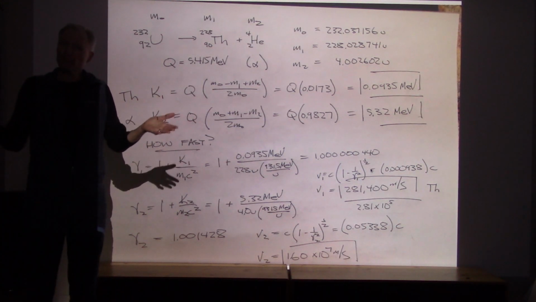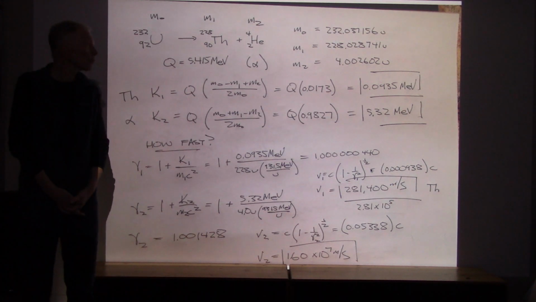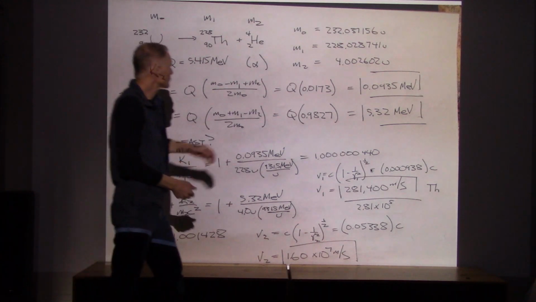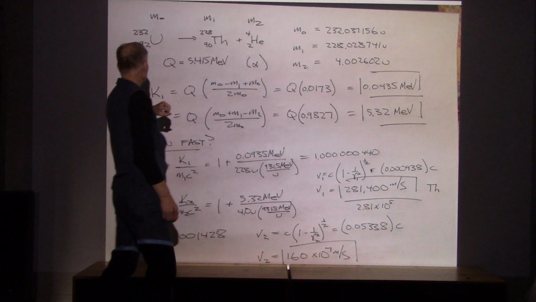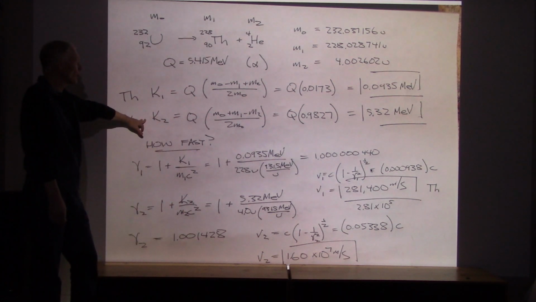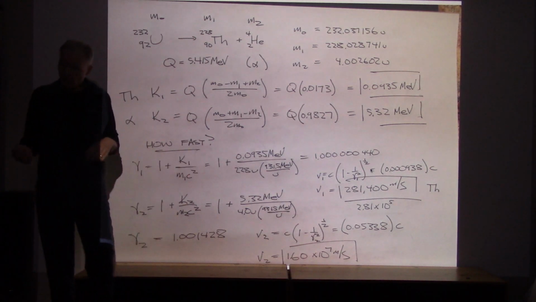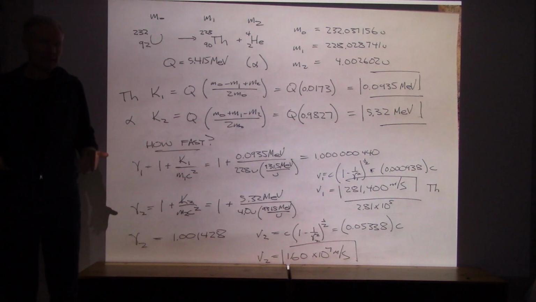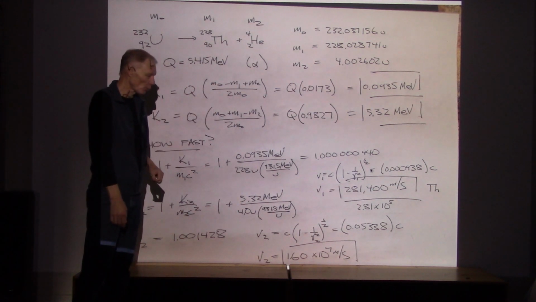How does the Q get divided up into kinetic energies for each of those 2 particles? So those add up to 1. That's a good sign. So we've accounted for all of the Q. And it's saying that because the alpha particle is lighter, you can see that from the formula here, it's going to be the lighter particle that picks up more of the kinetic energy, and by the amount described by these formulas.